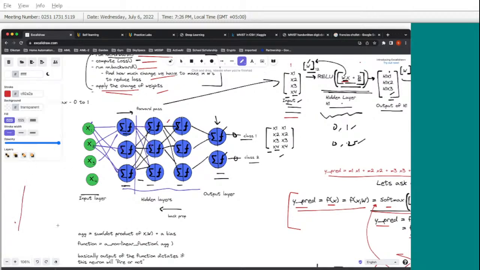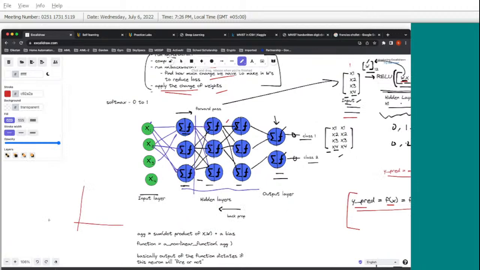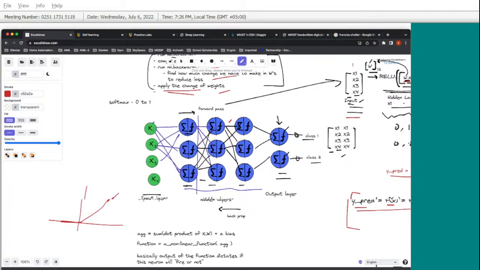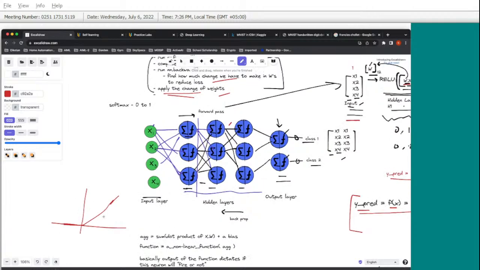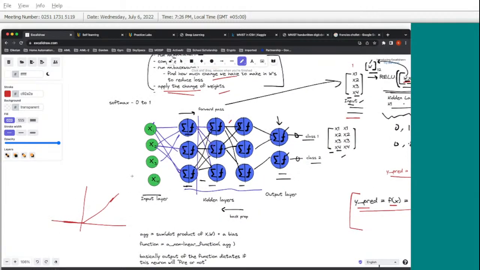ReLU is a very simple function: anything below zero, make it 0, and on the other side it goes to infinity. The only problem is that it has no bound on this side. If you pass it via ReLU, it might give you 10,000 or 10 lakhs, but it will never give anything below 0.